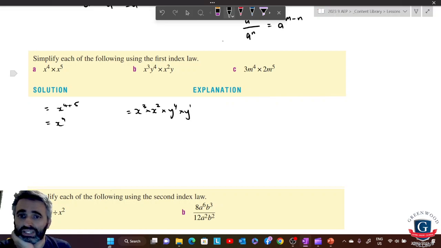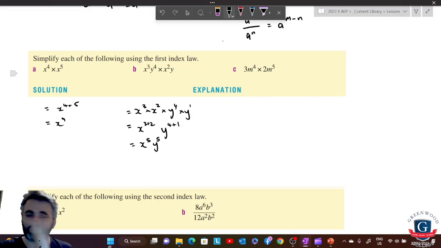Because we're multiplying here, there's an implicit multiplication here and an implicit multiplication there. And when you're multiplying, order is not important, so we can rearrange them. Once we've rearranged them, that becomes x to the 3 plus 2, y to the 4 plus 1, which is x to the 5, y to the 5.